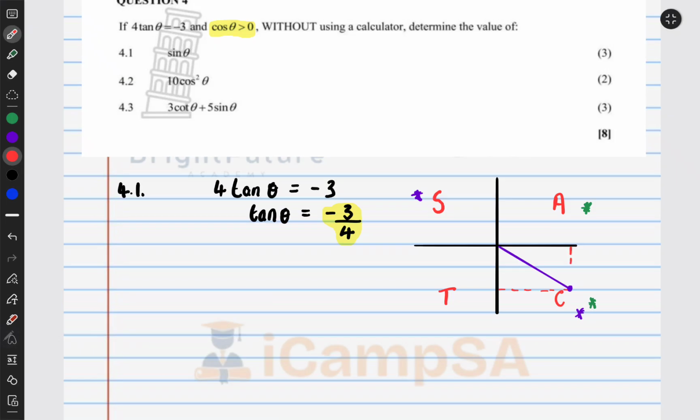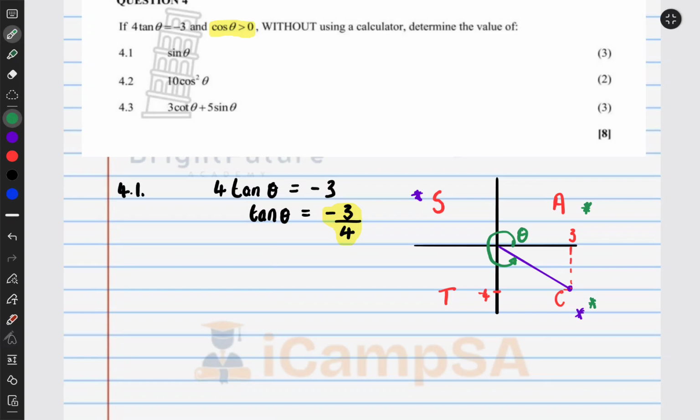So here it's negative 4, and then here we have a positive 3, and then our angle, remember, it goes from positive x values to the terminal arm. So it's like that. That is our angle theta.